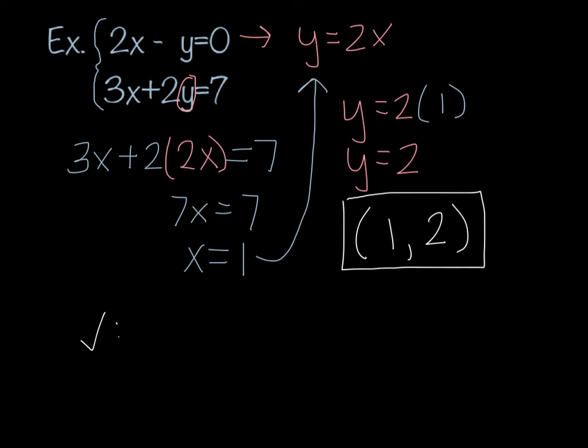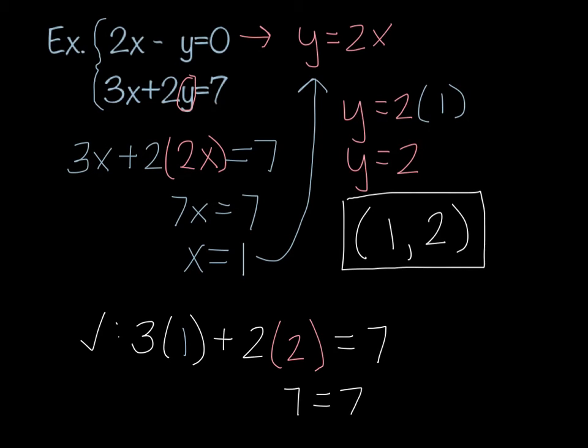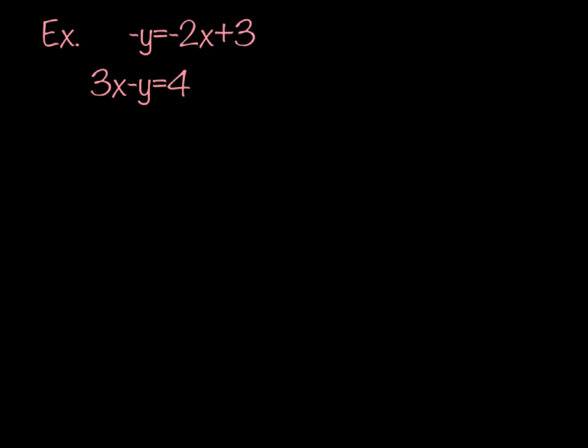So for our check step, we're going to have 3 times x, which was 1, plus 2 times y, which is 2, and that better equal 7. Well, 3 plus 4 does equal 7, so we're good to go. It checks out. This point is going to be on both lines, which means it's going to be the point that they intersect at.